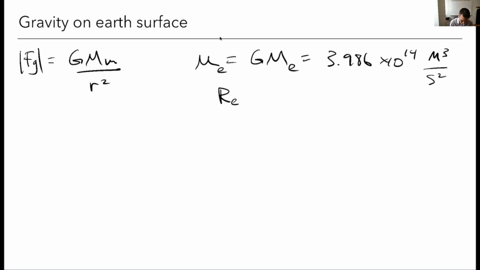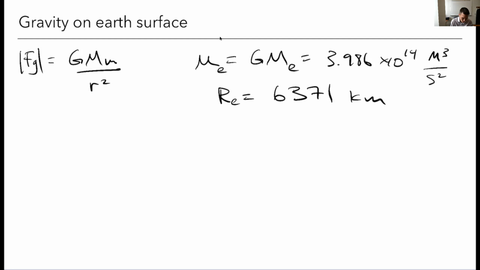The radius of the Earth, and this is not precise because the Earth is actually not a sphere, so the radius is ambiguous, but this is a nominal radius, 6,371 kilometers.